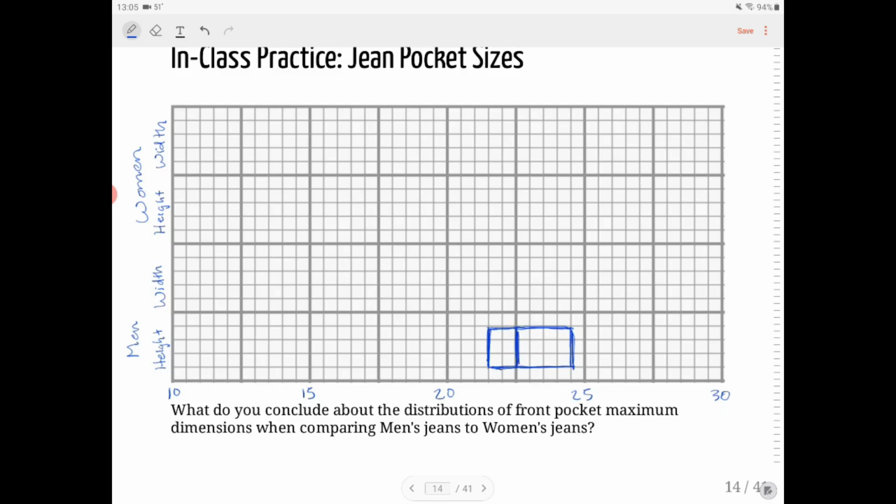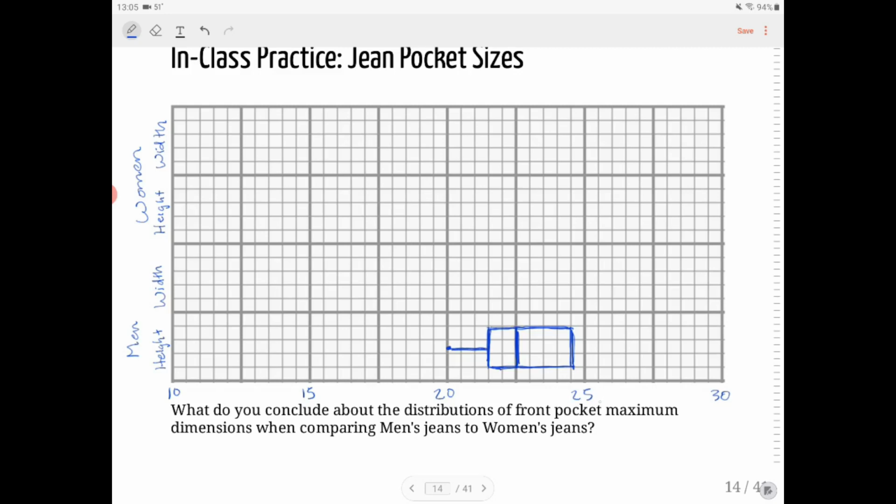All right. So I talked through figuring out how far our whiskers go, and our interquartile range actually goes past our data. So we stop at the minimum value, which is at 20. Okay, so there's our whisker there.